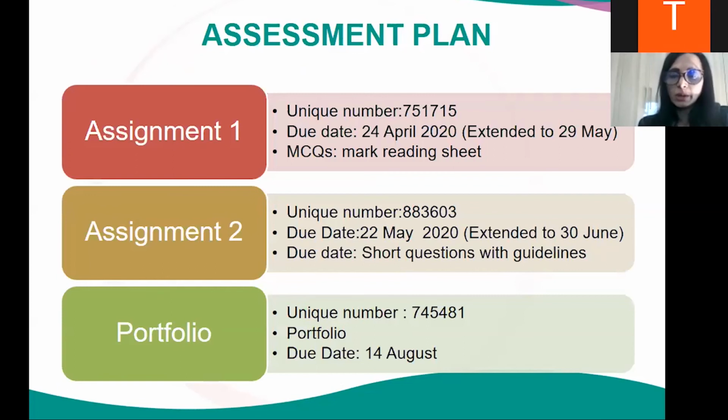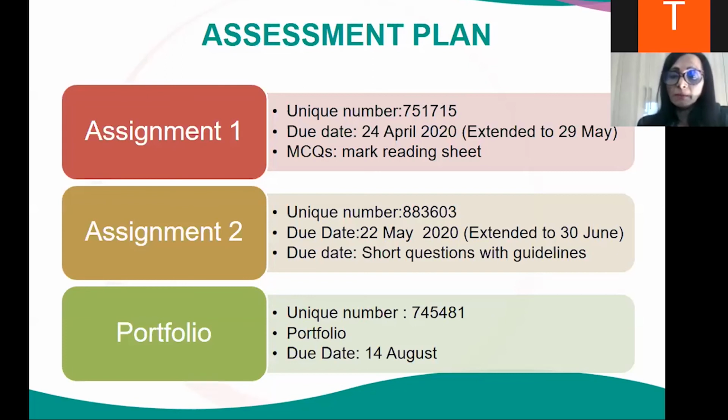Assignment 1 is multiple choice questions, which most of you have completed. But if you have not yet completed assignment 1, we have given you an extended date, which is the 29th of May.